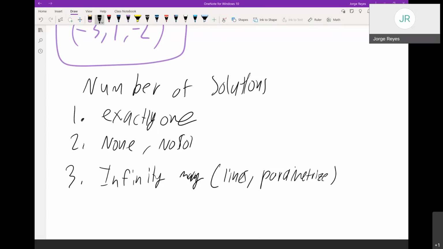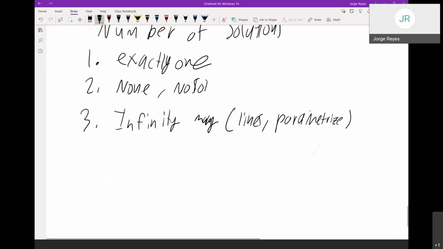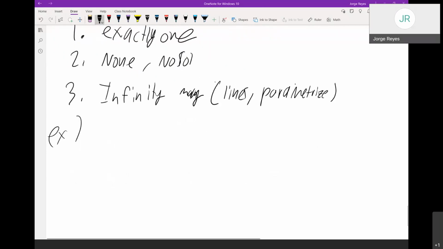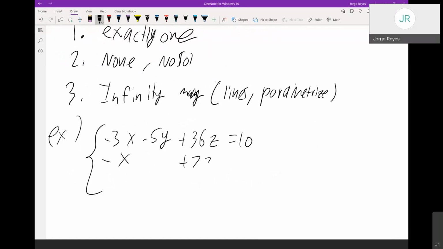Okay, so first, let's just do a no solution. Okay, so you're going to get a system, negative 3x minus 5y plus 36z equals 10, negative x plus 7z equals 5, x plus y minus 10z equals negative 5.